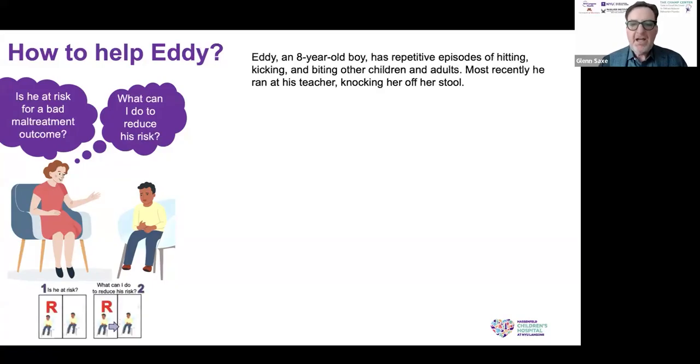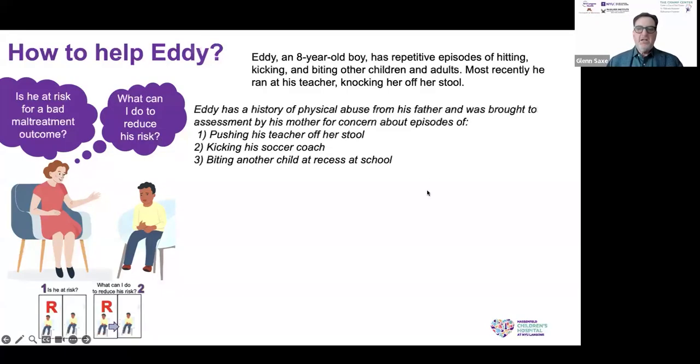So Eddie is an 8-year-old boy who has repetitive episodes of hitting, kicking, biting other kids and adults. Most recently, he ran at his teacher, knocking her off her stool. He has a history of physical abuse from his father and was brought to assessment by his mother for concerns about episodes of pushing a teacher off her stool, kicking his soccer coach, and biting another kid at recess at school.